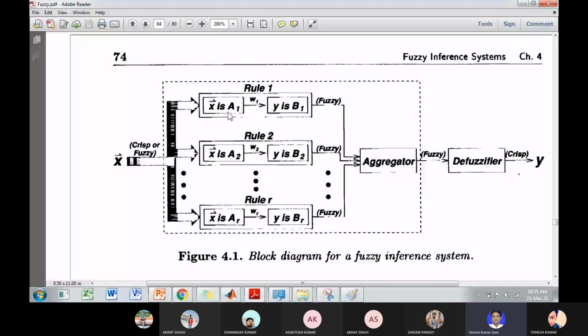After this, the fuzzy implication will come, where the fuzzy rule output membership function is defined. It can be based on the maximum of all the antecedent parts, or the minimum of all the antecedent parts.